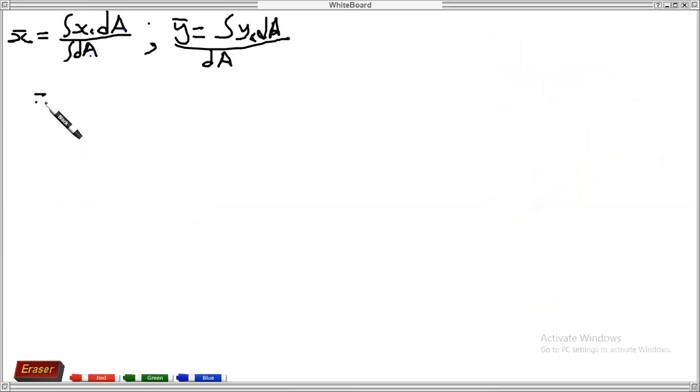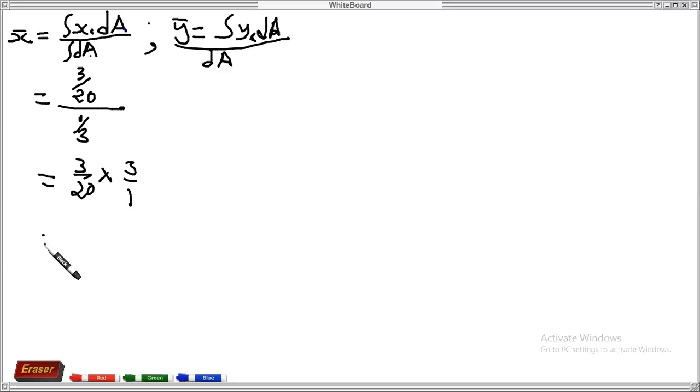So at the end of the day, for the top portion we got 3 over 20, and for the lower portion we got 1 over 3. The same as you having 3 over 20 times 3.